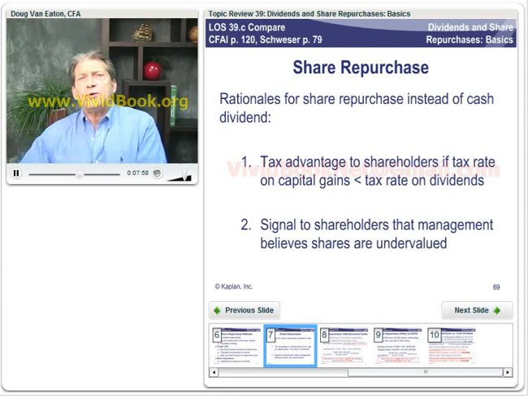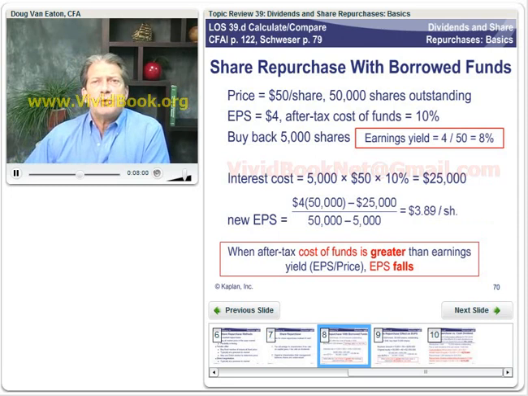So let's first evaluate the effects of a share repurchase when the firm borrows funds. If the price of the stock is $50 a share, there's 50,000 shares outstanding, we've got earnings per share of $4 and an after-tax cost of funds of 10%.